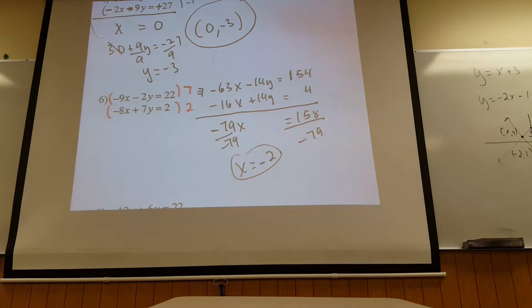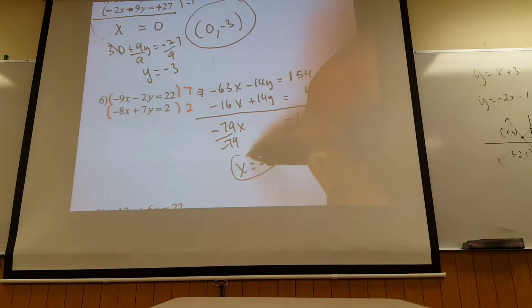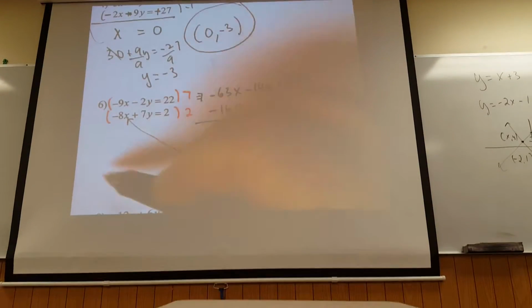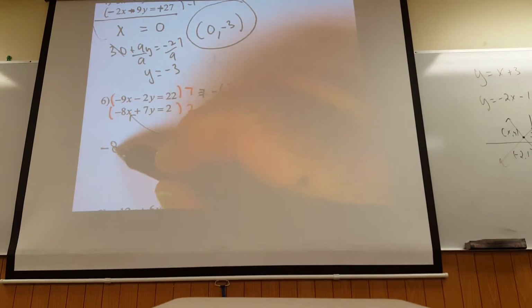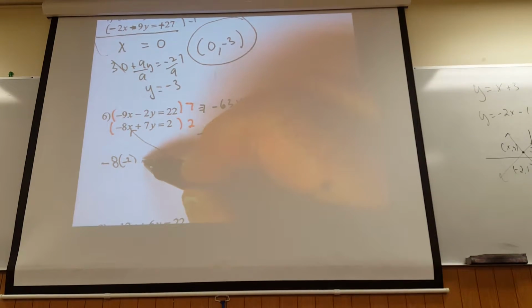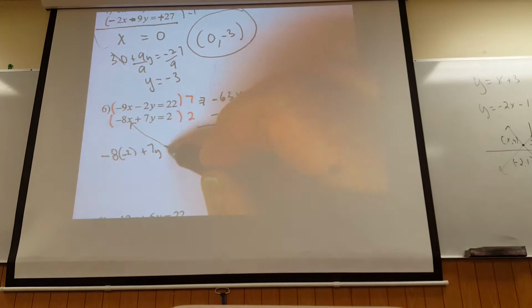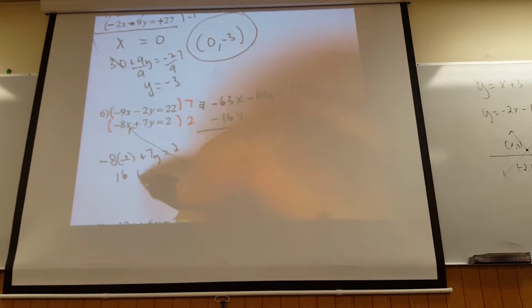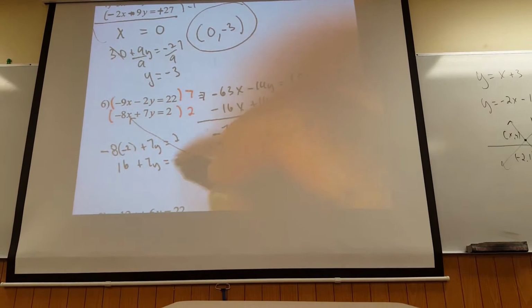Okay, so we're halfway there. I'm gonna put that x equals negative 2 right in there. So that's negative 8 times negative 2 plus 7y equals 2. 16 plus 7y equals 2.